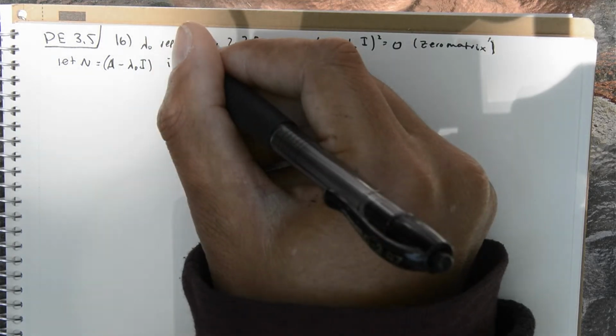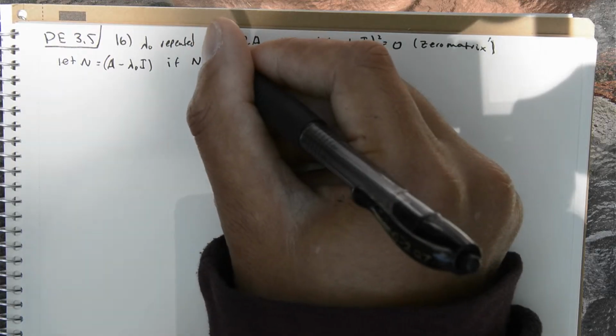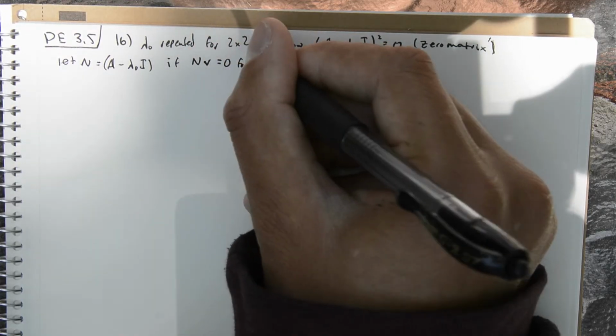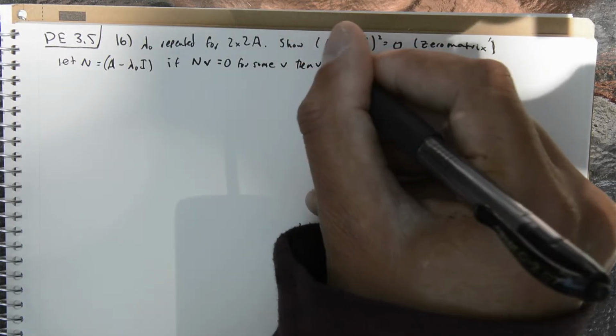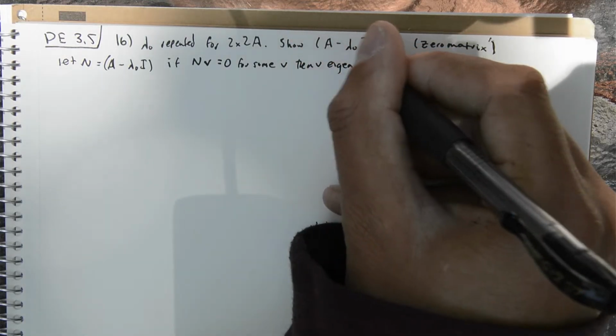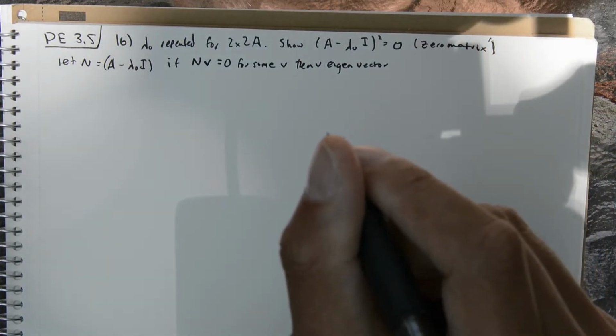If N times Nv is equal to 0 for some v, then v is an eigenvector. Let me see, did I miss anything in this?